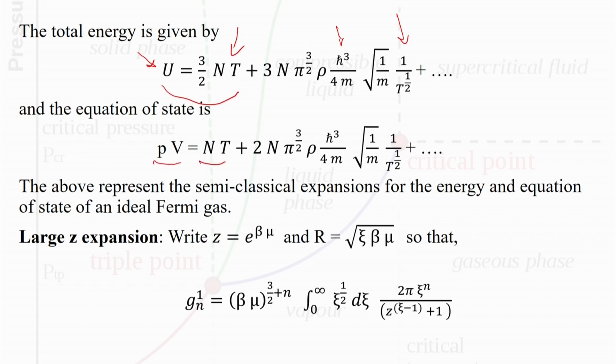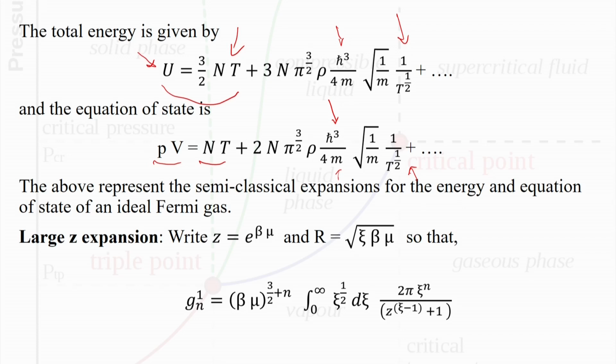Same here for the equation of state. The leading contribution is the classical equation of state, which is P V equals n T, and then you can either choose to make Planck's constant go to 0, or you can choose to make the temperature go to infinity, or you can make the mass go to infinity. You see all these possibilities are there for you to stare at explicitly.